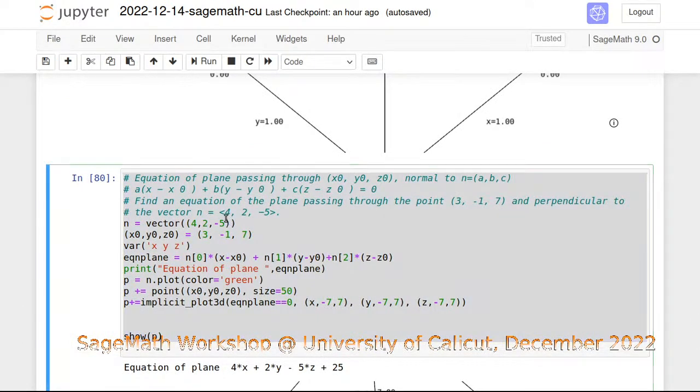Let me update the Google document with this. Updated. And probably we will stop now. If there are any questions, I can try to clarify. What was the question asked previously? Find the tangent plane at one particular surface, right?